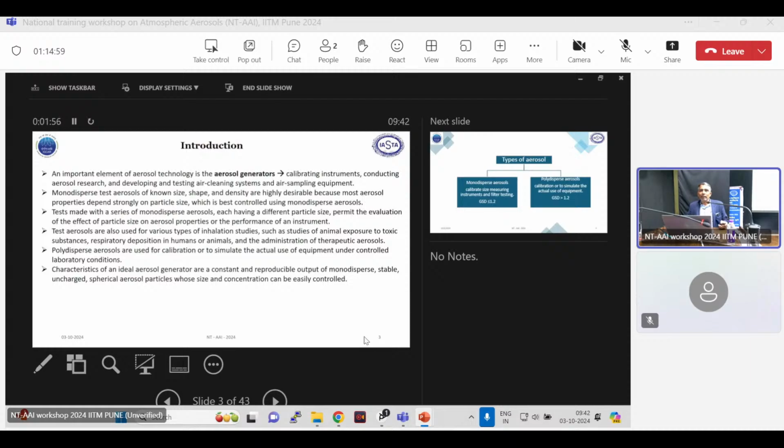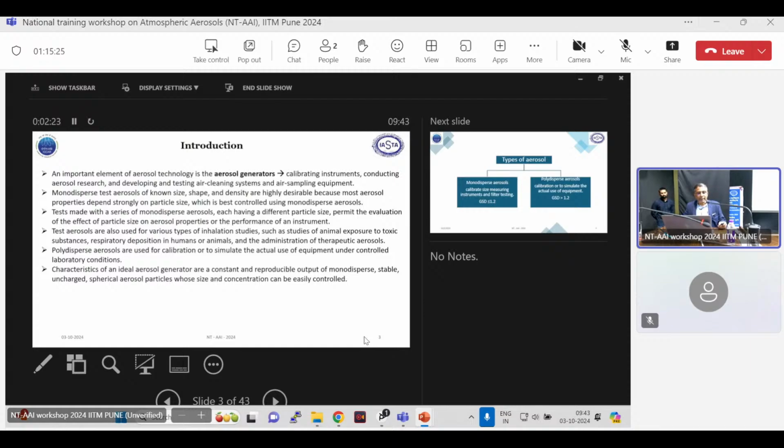An important element of aerosol science and technology is aerosol generation. This aerosol generation needs to be perfectly carried out for instrument calibration, conducting aerosol fundamental research to industrial and applied research, and developing and testing air cleaning systems like filtration, HEPA filters and other things, and then air sampling equipment.